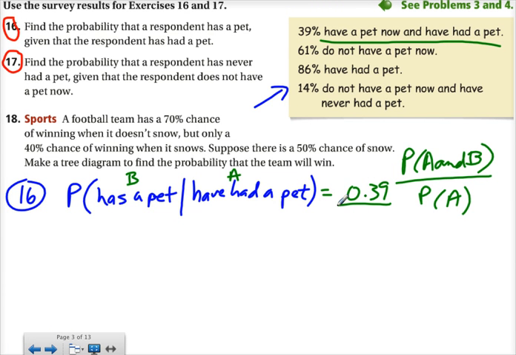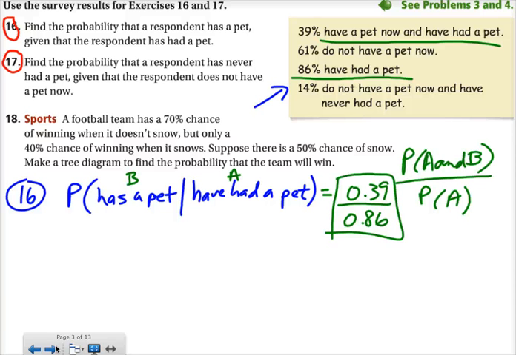0.39. And then the bottom of this fraction would be the probability that at some point they have had a pet. That's right here. That's 86% from the survey results. So this is the fraction that we need to use. We take the and we divide it by the probability of A. And that comes out to, well, I better punch that one in.